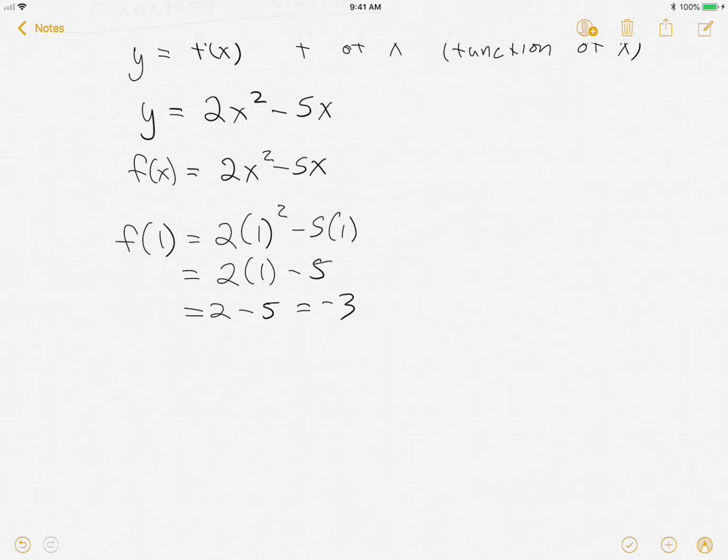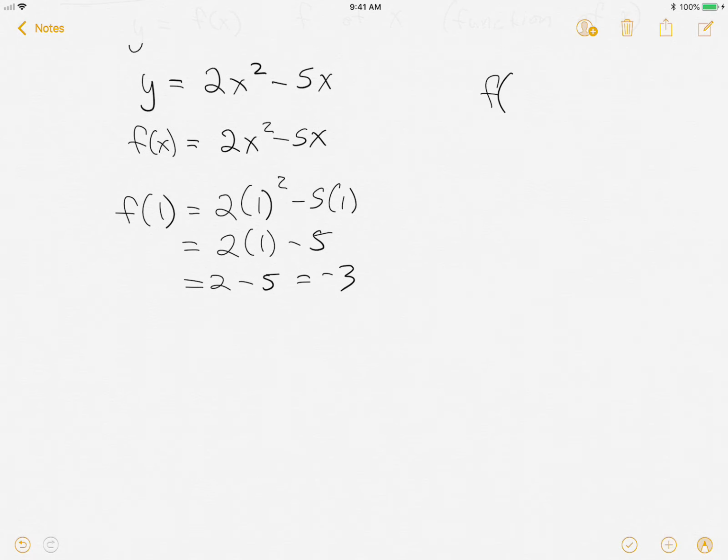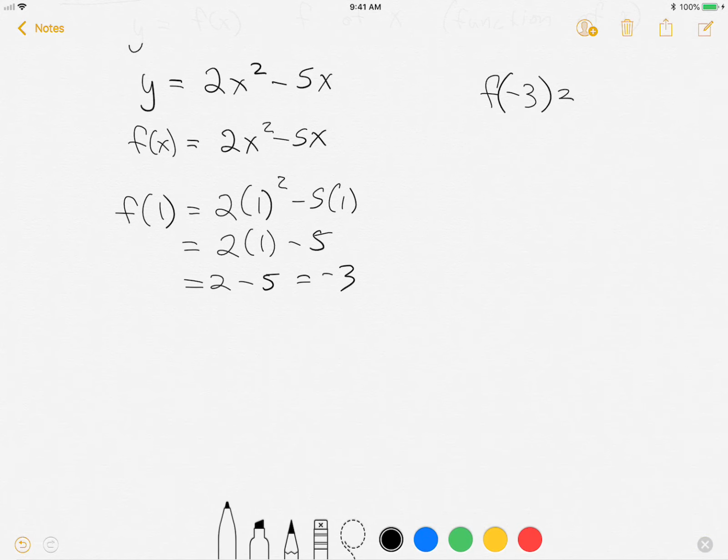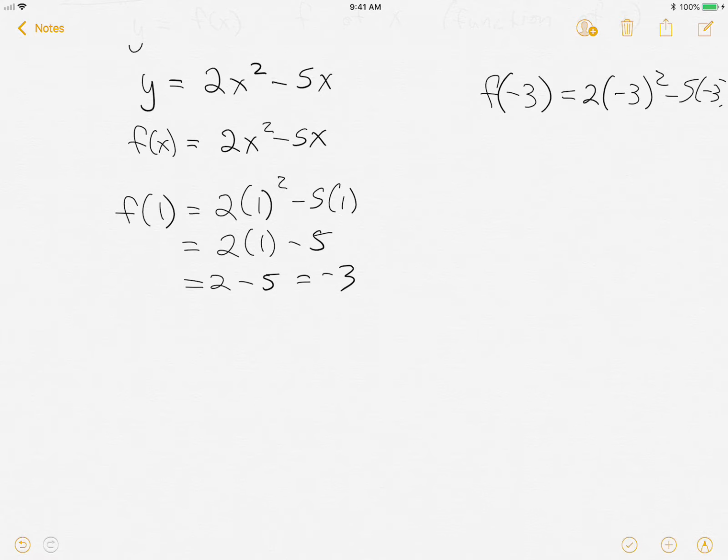What about if I want to find, say, f of negative 3? That's 2 times negative 3 squared minus 5 times negative 3, which is going to be 2 times 9 plus 15. 18 plus 15 is going to be 33.